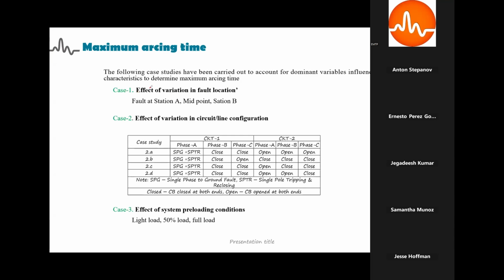That is, what happens when the fault location is varied, and the effect of variation of circuit configuration. The few possible configurations are listed here, but a lot of configuration permutations were analyzed, and also the effect of preloading conditions. Under all these conditions, single pole tripping and reclosing were performed, and every time the time required for quenching of the secondary arc was monitored.